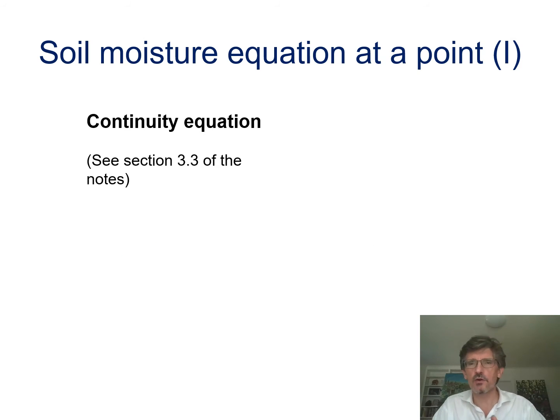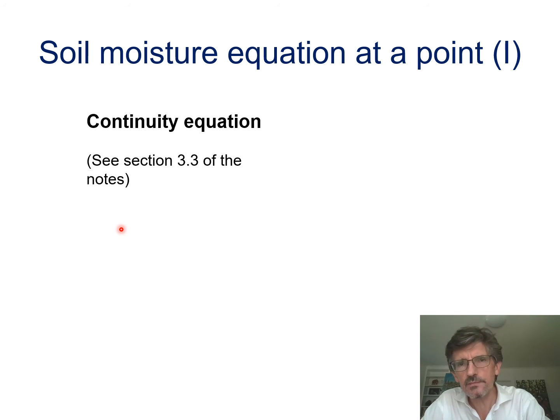So having defined all the soil properties that are important for us, and the hydraulic properties through the retention curves and the unsaturated hydraulic conductivity, we are ready to put together the soil moisture equations at the point. I will go a little bit fast here, assuming that you have seen this already in basic hydrology or soil physics. If not, section 3.3 goes into detail, and you can have a look at these notes later on.